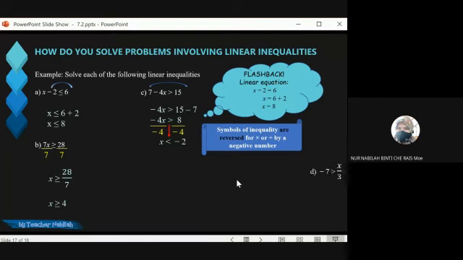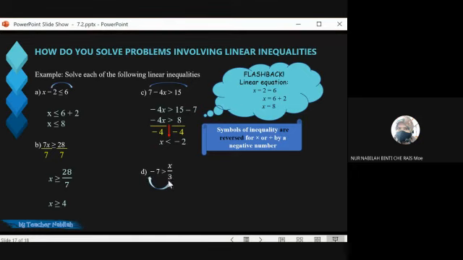Okay, next, the last example. Negative 7 more than x over 3. So how to remove this 3? I bring it to this side, or you can also times 3, same thing. If I move it to this side, it will become times, because this one is divide.